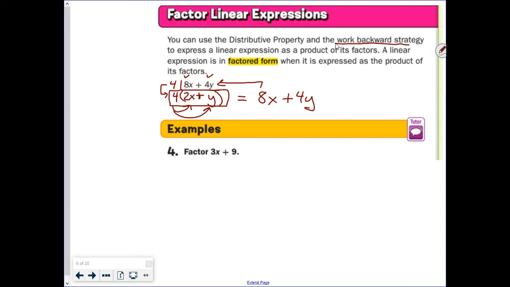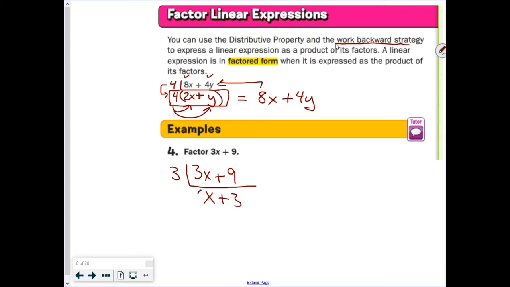Let's take a look at another example. Example number 4: 3x plus 9. If we ask ourselves, what is the largest number that goes equally into 3 and 9, hopefully you would say 3. 3 goes into 3x, x times, so we would just write x. 3 goes into 9 3 times.